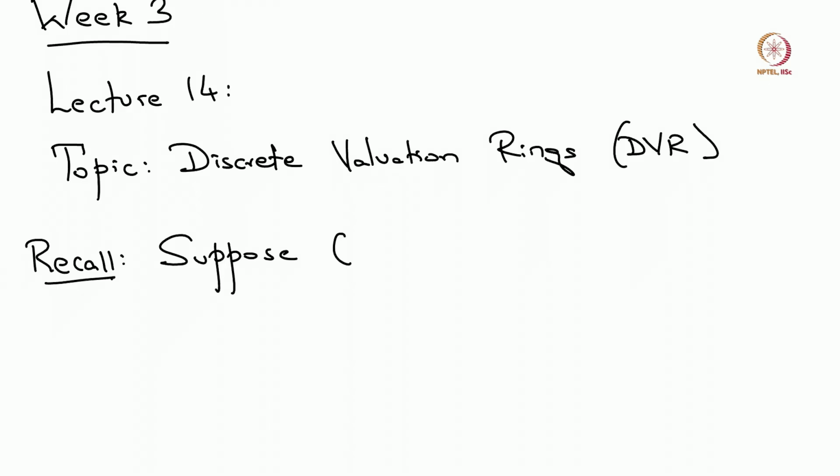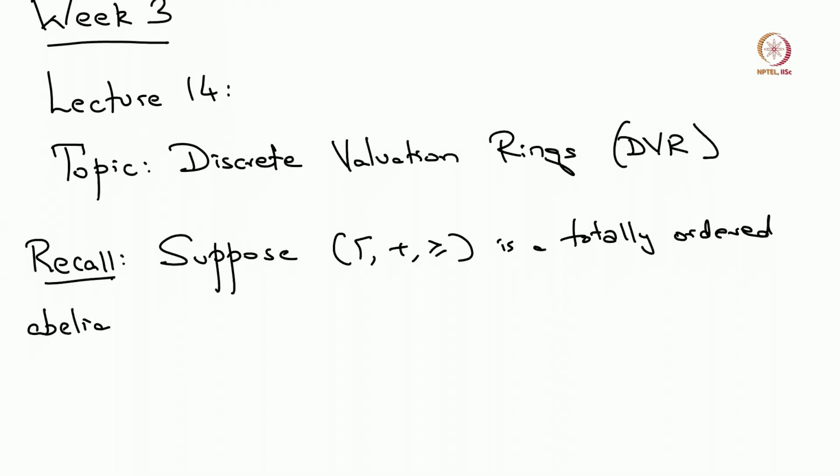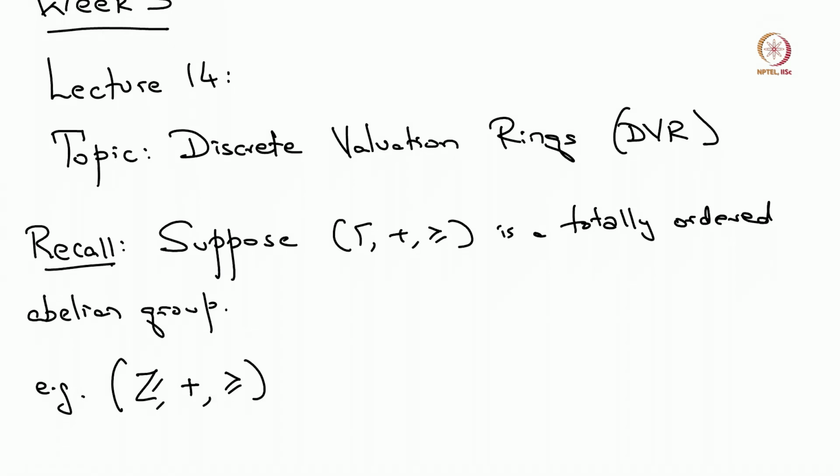Just recall, suppose you have a totally ordered abelian group. The simplest example of such a group is the group of integers with the addition sign and the usual greater than or equal to.